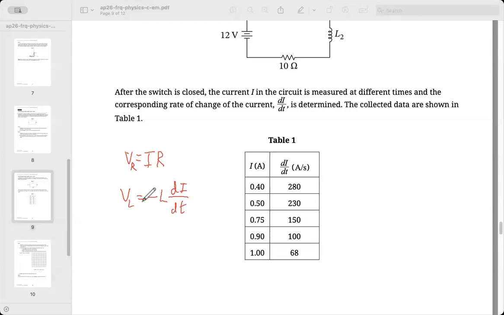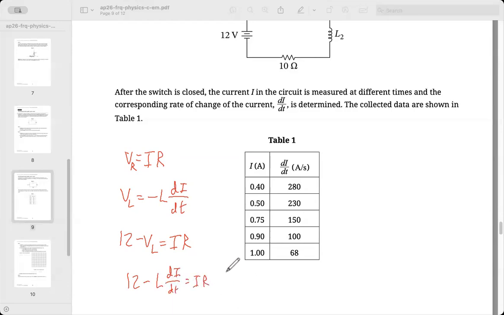So because 12 minus VL must equal IR, we can use that to find the inductance quite nicely. We have 12 minus L dI/dt equals IR.